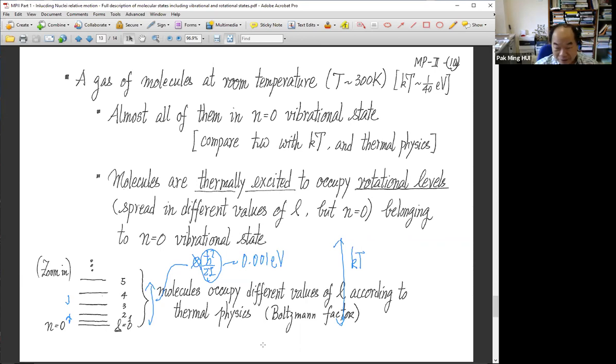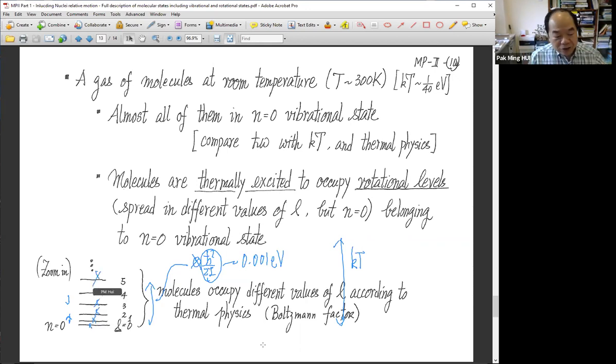So by Boltzmann factor, if you have learned statistical physics a bit, that is the most important result, exponential of minus this energy divided by KT, then the molecules can be here, here, here, here in a gas.